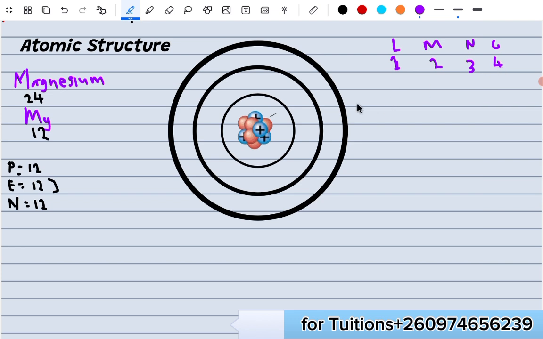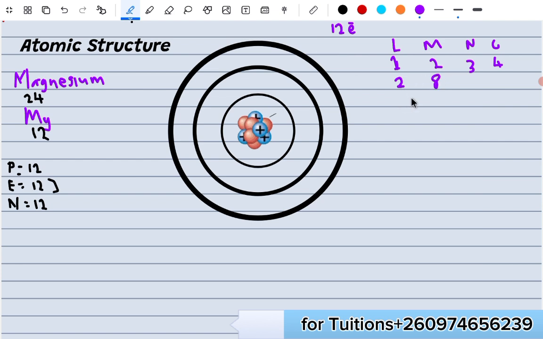From the 12 electrons, the first shell can occupy 2. The second shell, according to the octet rule, can go up to 8.